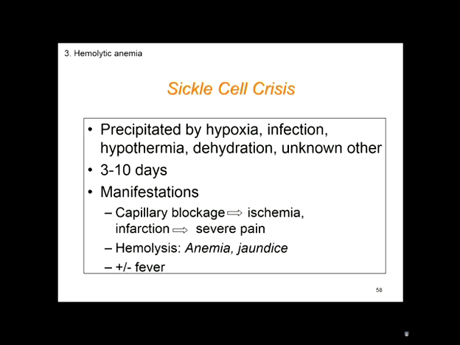They last several days. They can last anywhere from 3 to 10 days, depending on how severe the precipitating factor was. And the big problem during the crisis is exactly what I was just telling you about, the blockage of capillaries. So many different capillaries can get blocked.